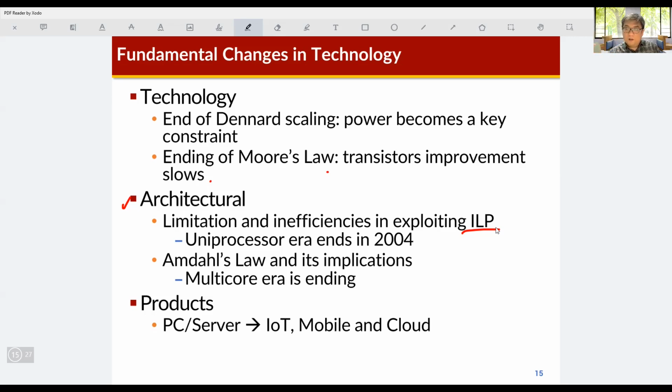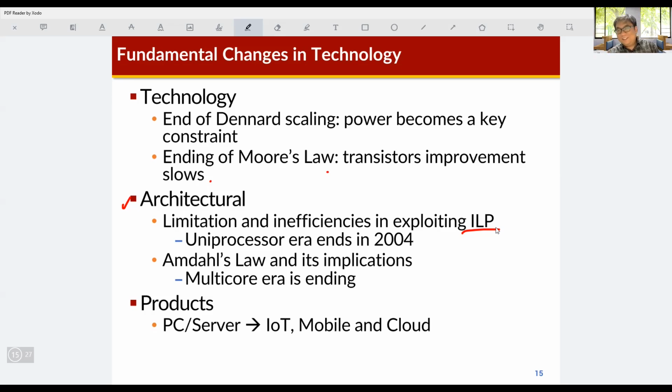That is Amdahl's law. If the application has a very limited fraction that can be parallelized, then the performance is also saturated. So when Amdahl's law applies, the multi-core era is also ending.